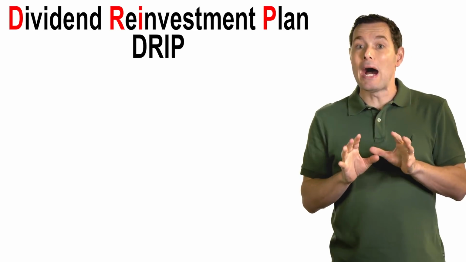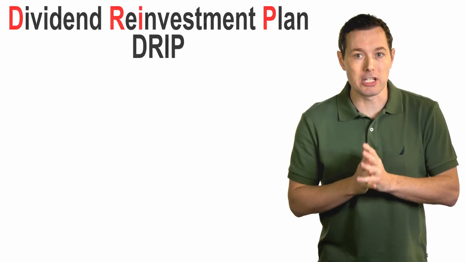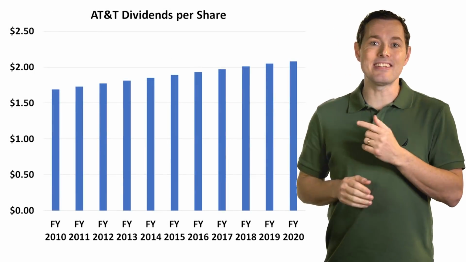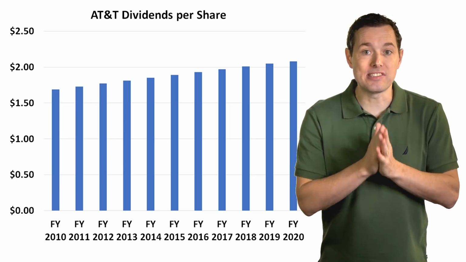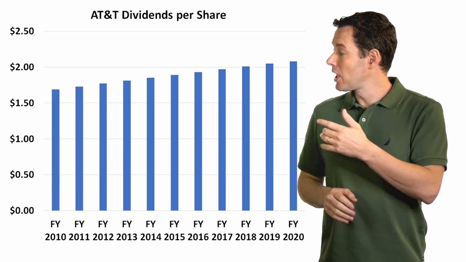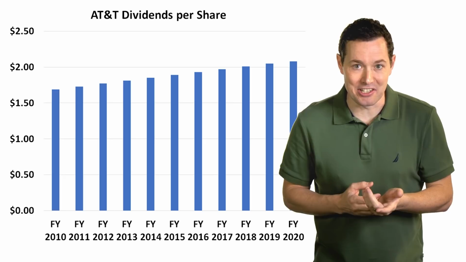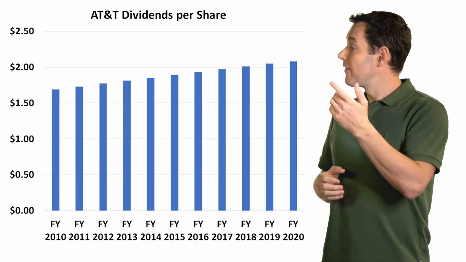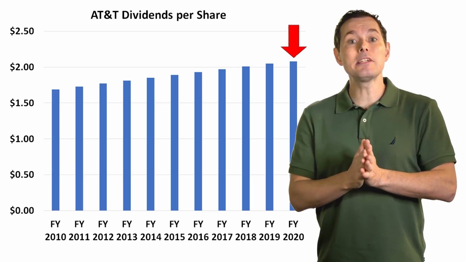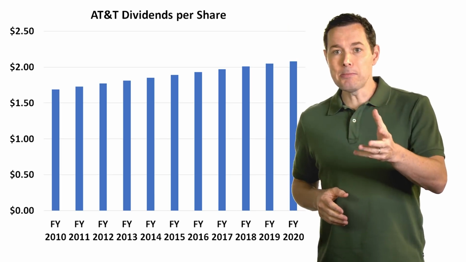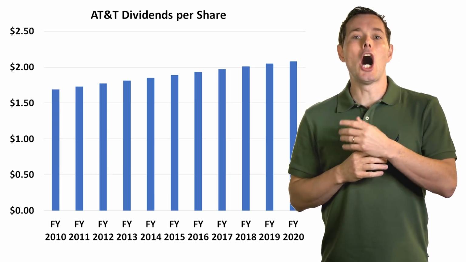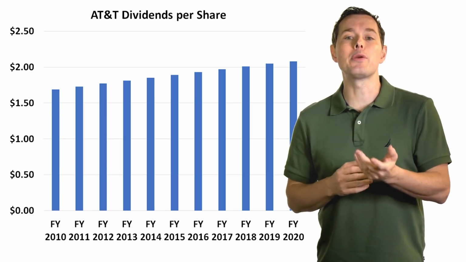And just to show how powerful this whole process can really be, we're going to use AT&T as our actual example. So this is a chart of AT&T's dividend on an annual basis going back the past 11 years. And we can see that during 2020, AT&T paid more than $2 per share in dividends. So let's imagine that we had bought 100 shares of AT&T stock a few years back.